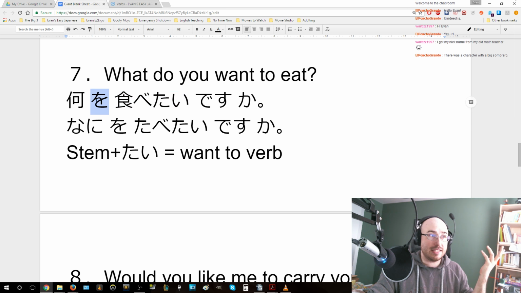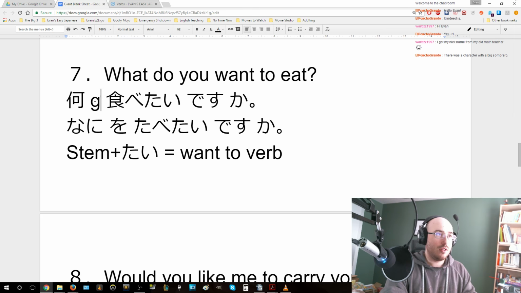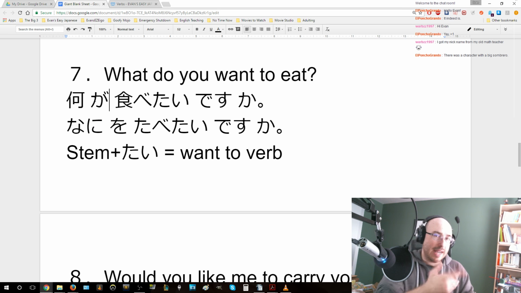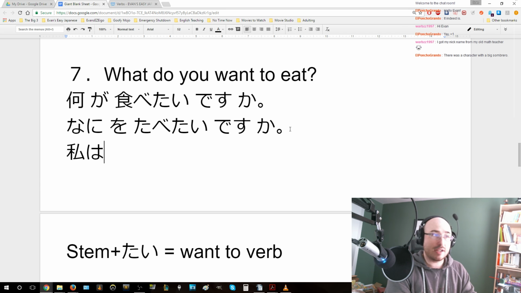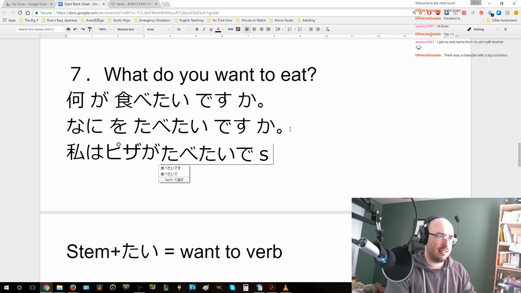So technically you are. Ga works as well. Like we could say watashi wa, like using all the particles. Watashi wa, regarding me, pizza ga, I am pizza wants to eating.